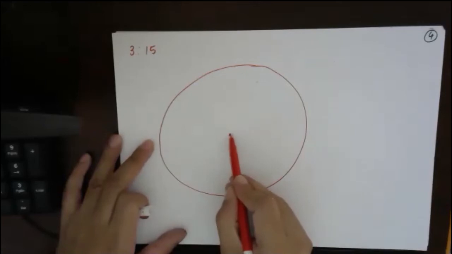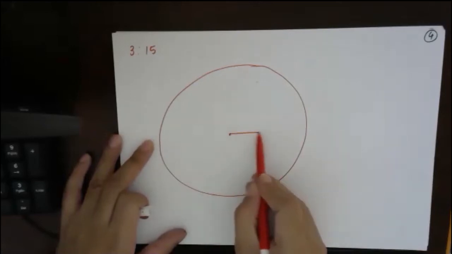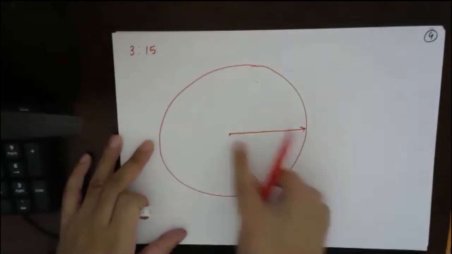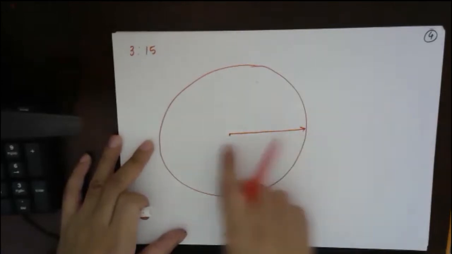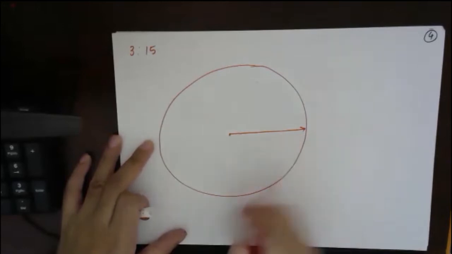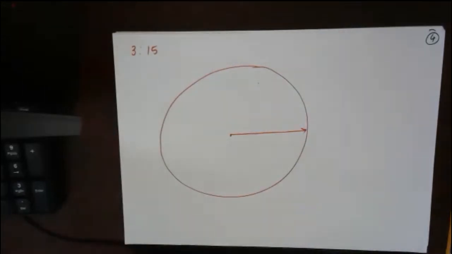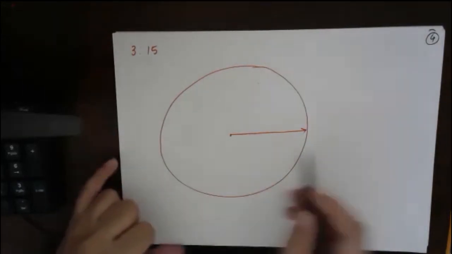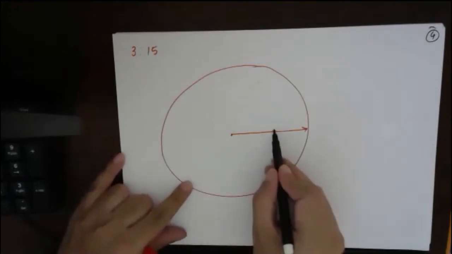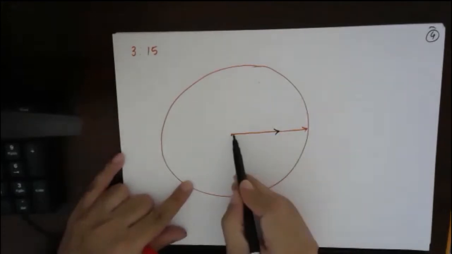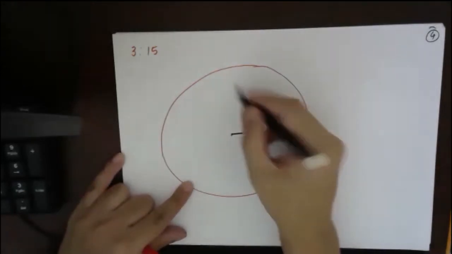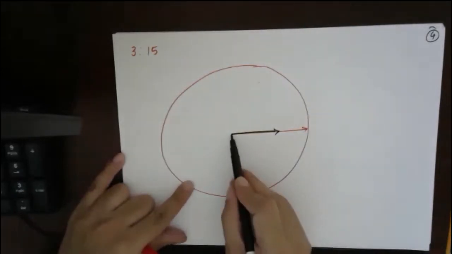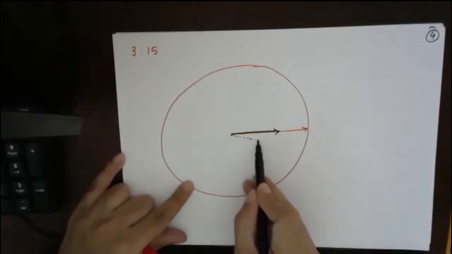Okay, so let's see. This is the minute hand fixed. Now our hour hand will be at this exact position when it is exactly 3 p.m., but it will move a little bit when it is 3:15.